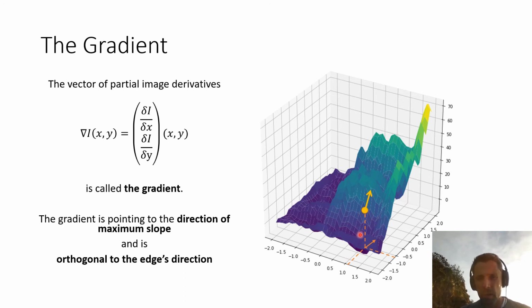Okay, so the gradient vector is basically a 2D quantity, so you often find this to be attached to this landscape in a way, pointing upwards. But basically what it is, it just points in the 2D image plane into the direction where this brightness landscape, and any other function, has its maximum slope.